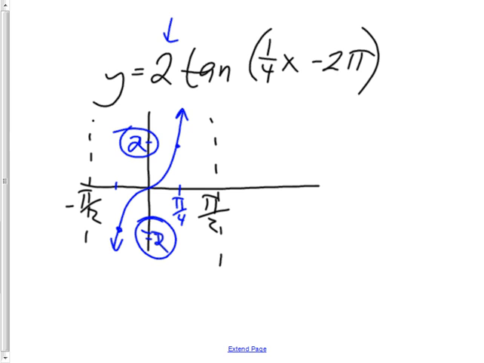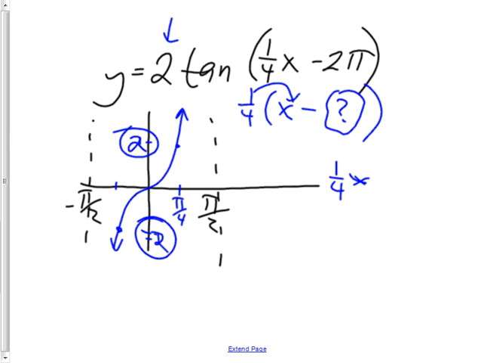Raise your hand if you have that right so far. Good. Next part is factoring out that 1/4. 1/4 comes out. You have x minus, how do I do this? Well, you can put a question mark. And then you go 1/4 times x makes 1/4 x. 1/4 times the question mark makes -2 pi. And you solve it.